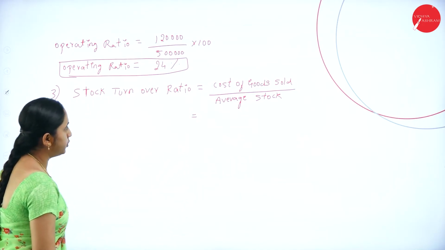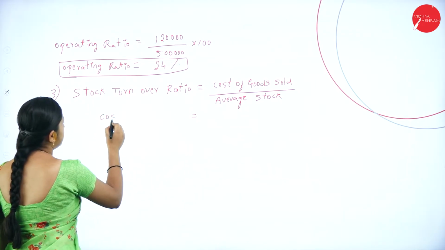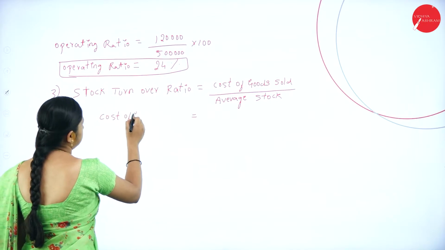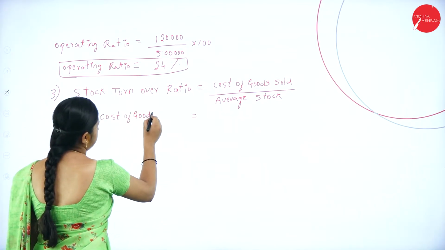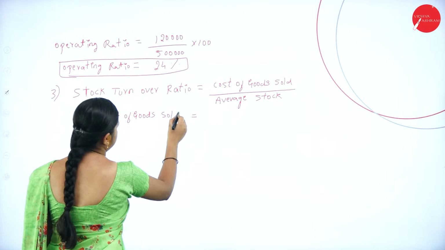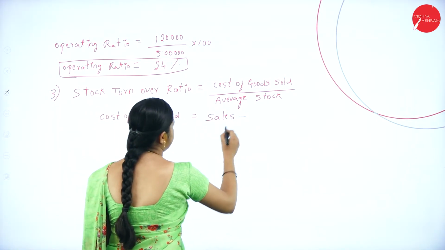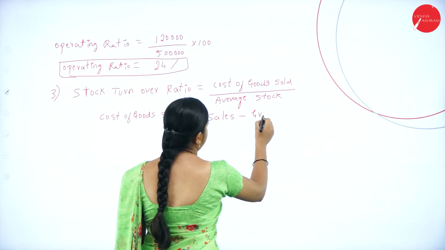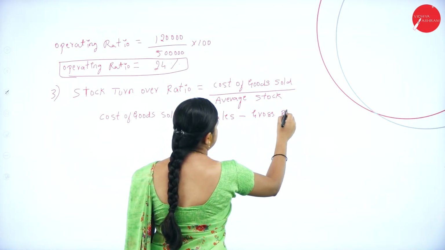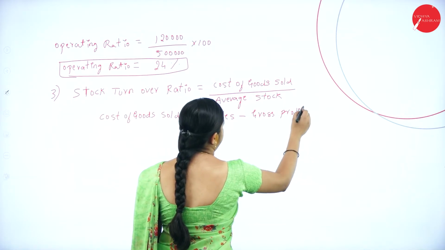Cost of goods sold is equal to sales minus gross profit.